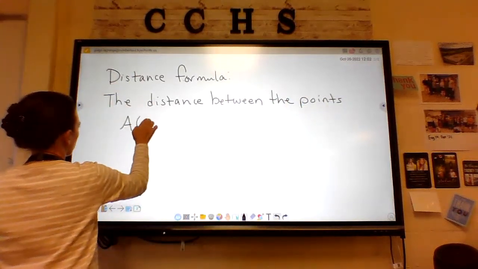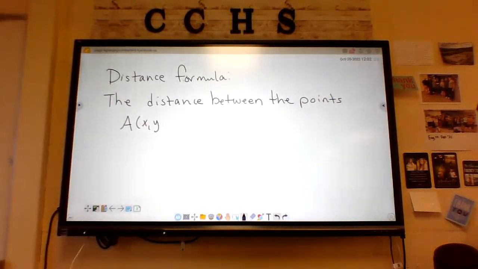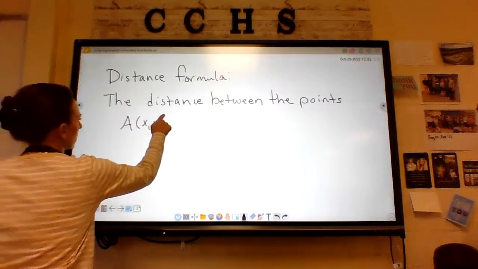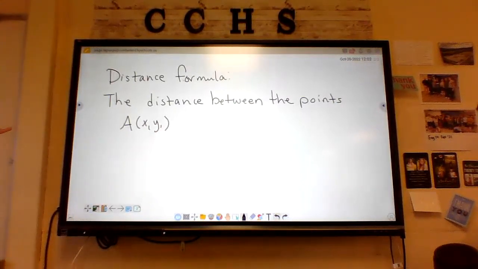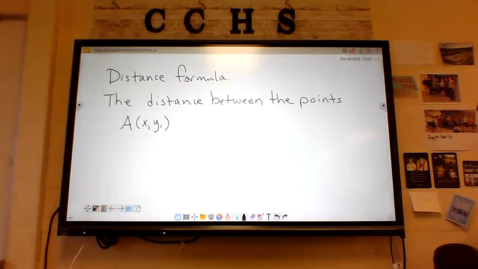And are you all familiar with this notation? Point A, and it's located at x1, y1. So this is the name of the point, and this is its address in the plane. Okay. And B.